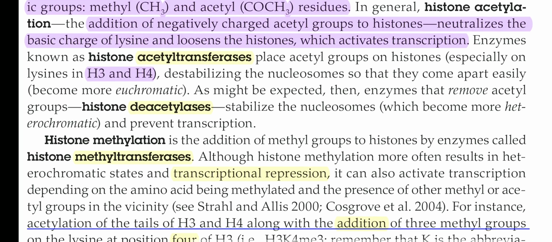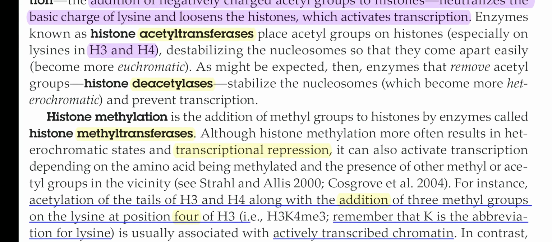Another enzyme is your histone deacetylase, which does the opposite. It removes the acetyl group from that region, and once again it comes back to a repressed state, so genes become unable to transcribe.